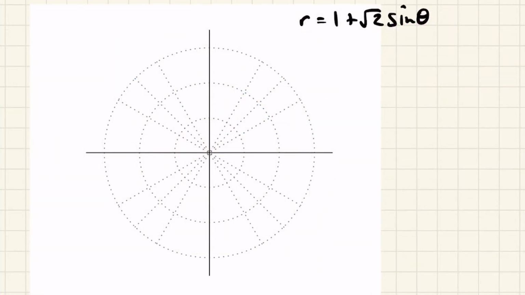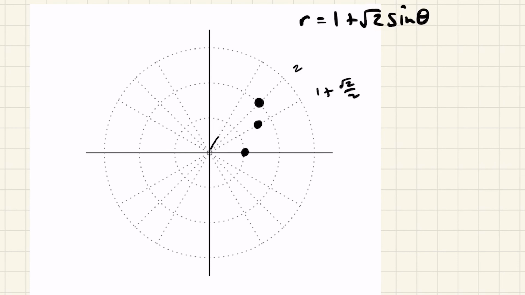So at theta equals 0, we get sine of 0, which is 0, so r is equal to 1. So we'll put a dot right there. At pi over 6, we get 1 plus root 2 over 2. Remember, root 2 over 2 is about 0.7, so this is 1.7. Let's put it right there. At pi over 4, we get 1 plus 1, which is 2.